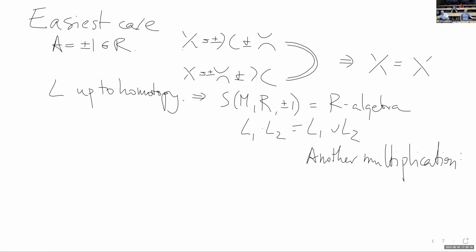You can take any A and M to be a surface S cross I. If you have a thickened surface, then indeed you can multiply 2 links up to isotopy, because you can always place one on the bottom and another one on the top. Stack them, yes, that's right. But it only works for thickened surfaces. This is very important. We'll come back to it.